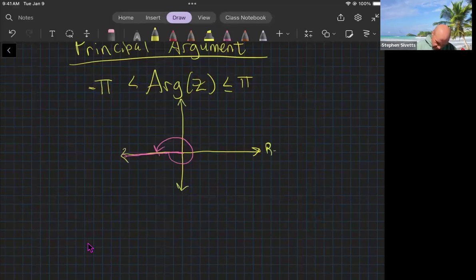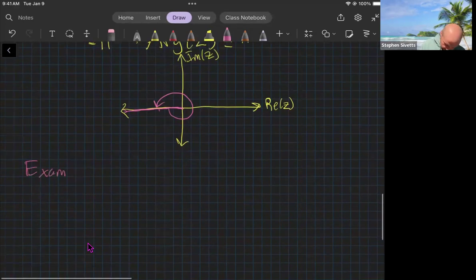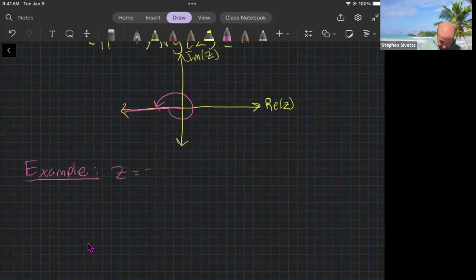So this is the real axis and the imaginary axis. Okay, and this is what the range is that we're referring to here. Okay, so as an example, if I have this complex number, z is equal to minus 1 minus I. Okay.